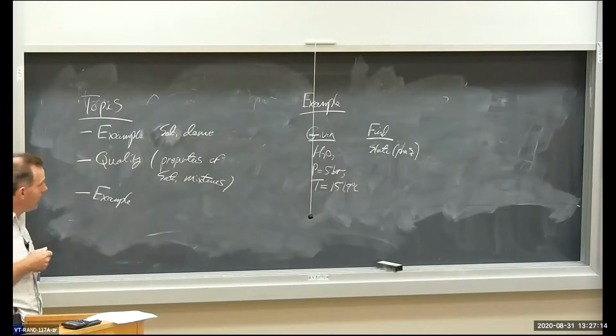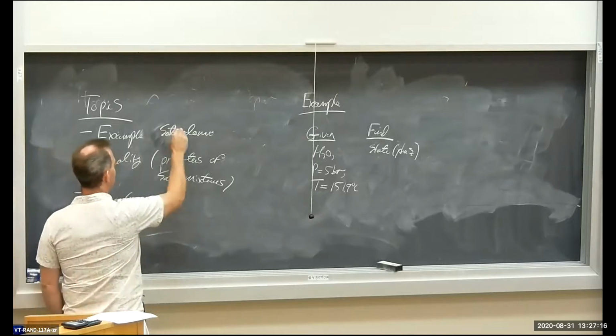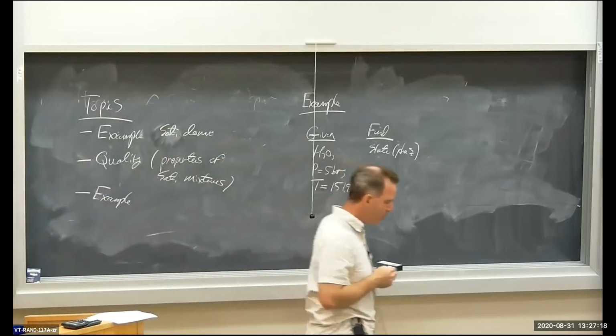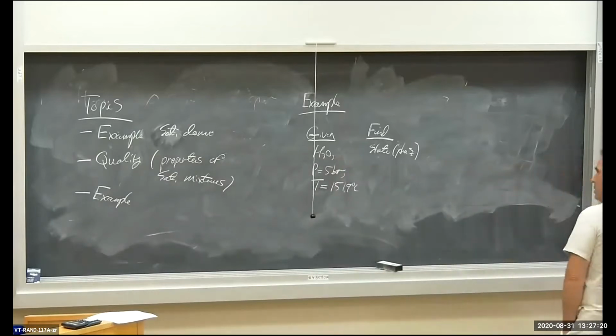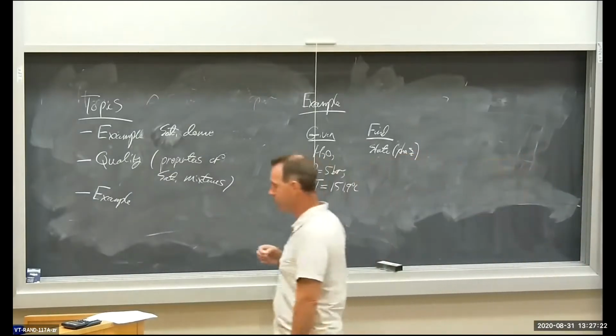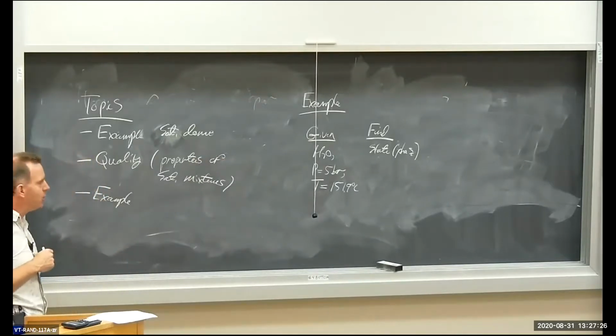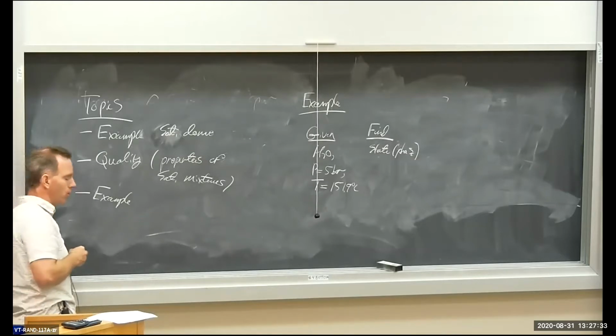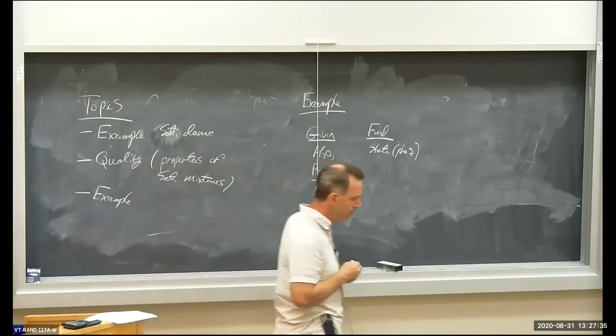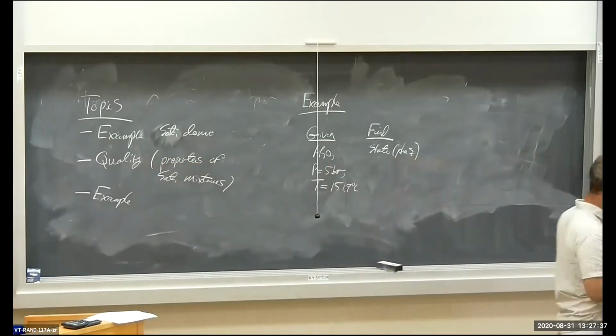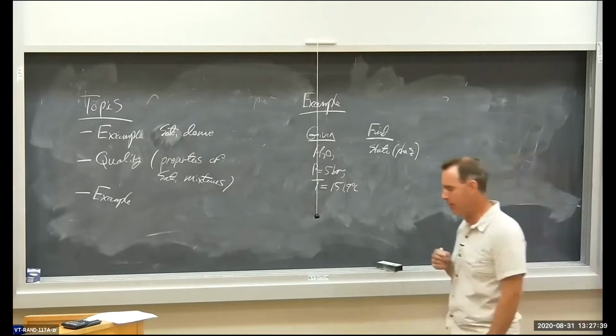So we're going to do a couple of examples today involving using the saturation dome to figure out the state of a particular substance. After we do a couple of examples using the T-v and the P-v plots, we're going to move on to properties inside the dome. When we have a saturated mixture, inside the dome, it's a mixture of saturated liquid and vapor.